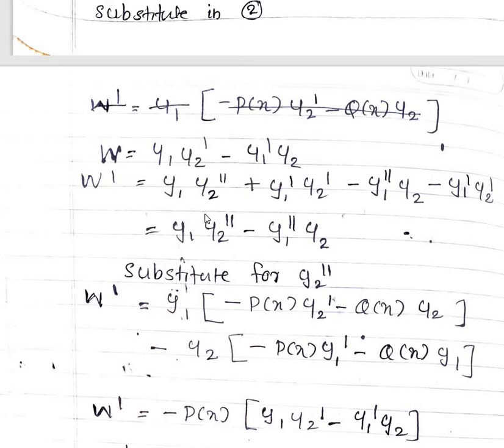Next we will substitute for y2'' and y1'' from the above equation. So W' is given by y1 times y2'' which is nothing but -p(x) y2' - q(x) y2, and y2 times y1'' which is nothing but -p(x) y1' - q(x) y1.